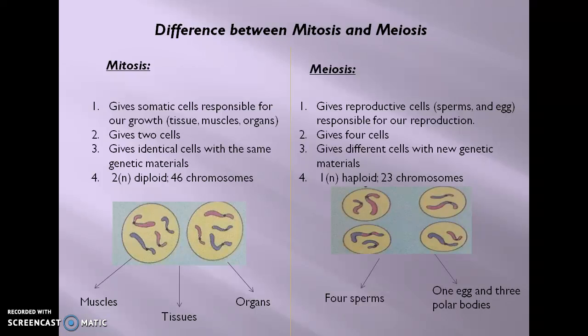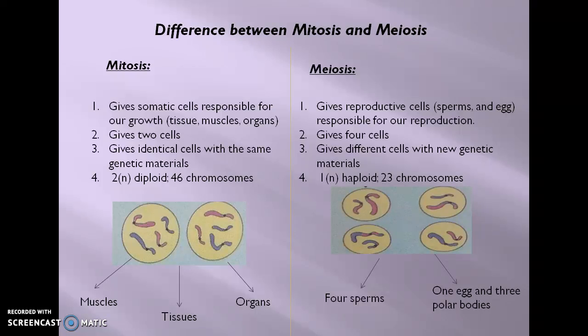On the other hand, meiosis happens within the reproductive cells to produce sperms and eggs. It gives you 4 cells at the end, and the cells are different from each other.